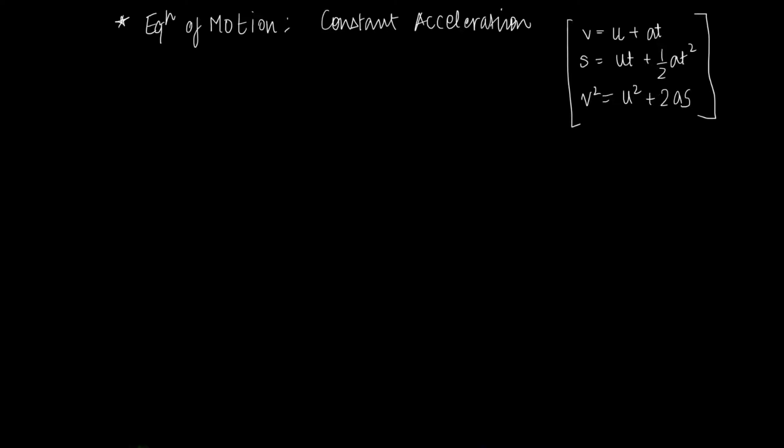In the last video that I made regarding these equations, I introduced them in terms of vectors. I'll write the vectorial representation of them as well. In vectors, they become v at a final time t is v at an initial time of 0, plus a, the acceleration, times the time. s, which is the displacement vector, is u, which is v at time 0, times t, plus half a, which is a vector, times t squared.